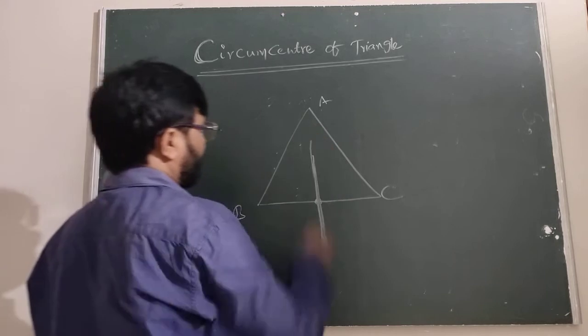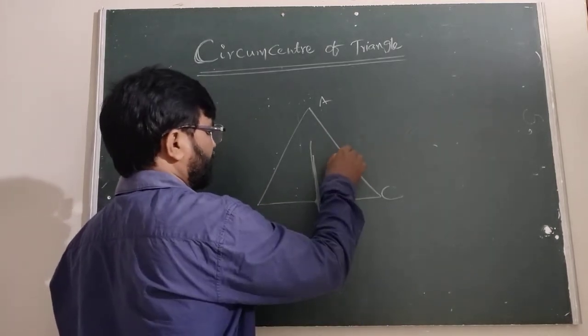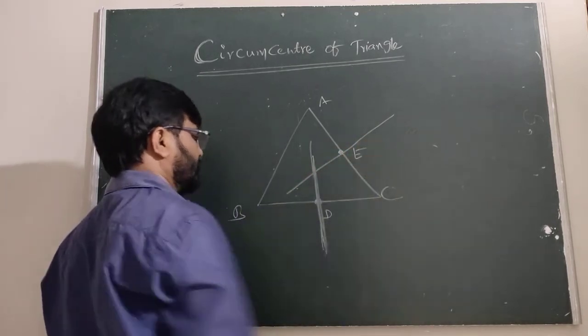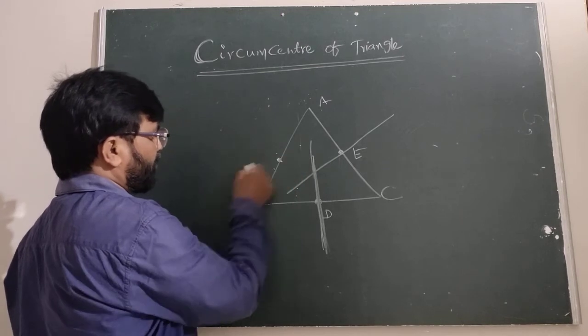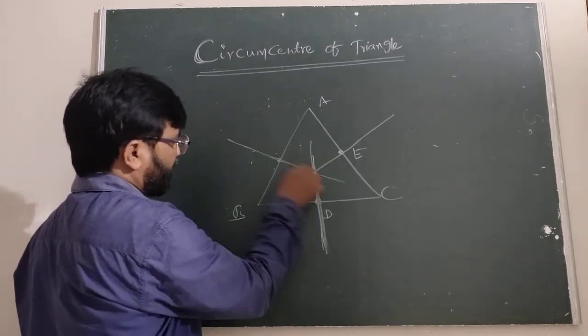Now we take another, here this is D. Now this is another perpendicular bisector. This is E. Now this is the midpoint of AB, F. Now this is another perpendicular bisector.